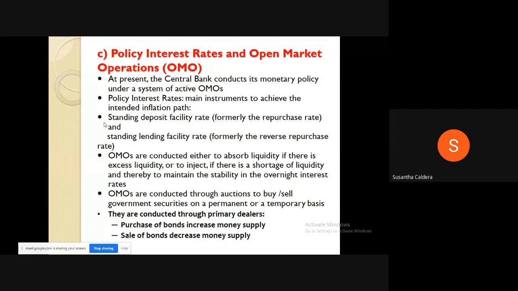Open market operations are conducted through auctions to buy or sell government securities on a permanent or temporary basis. Bonds, treasury bills, treasury bonds are the instruments we can use.